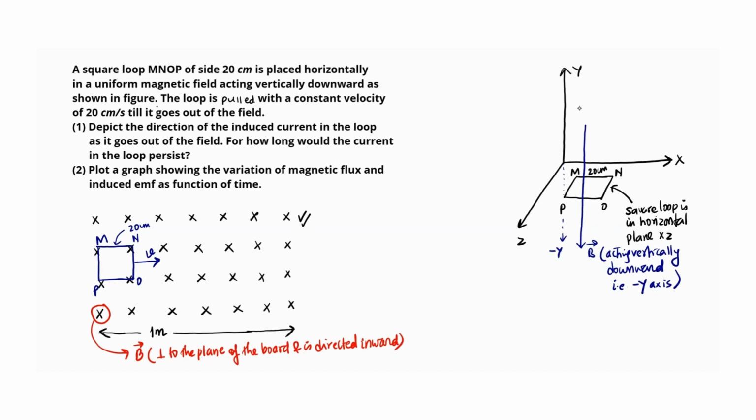It means that the magnetic field B is perpendicular to the plane of the loop. So we can understand the situation in this way.